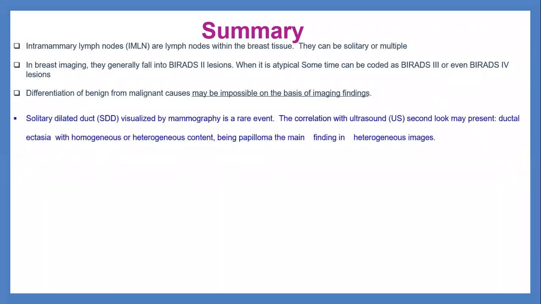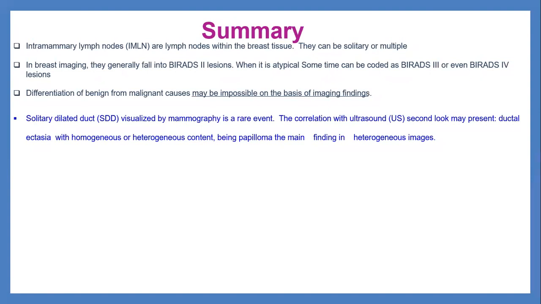Okay, a solitary dilated duct visualized by mammography is a rare event. Correlation with ultrasound, a second look, may be needed. Ductal ectasia with homogeneous or heterogeneous content, with papilloma being the main finding in heterogeneous content.